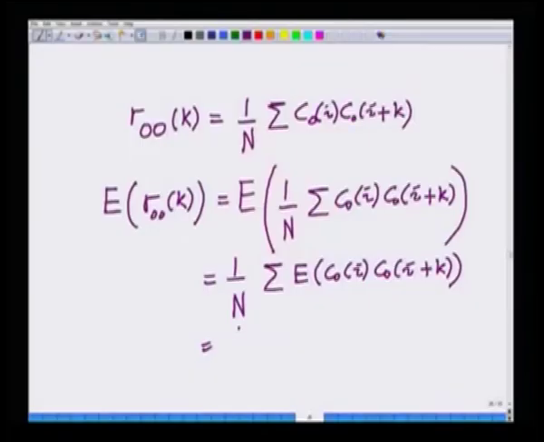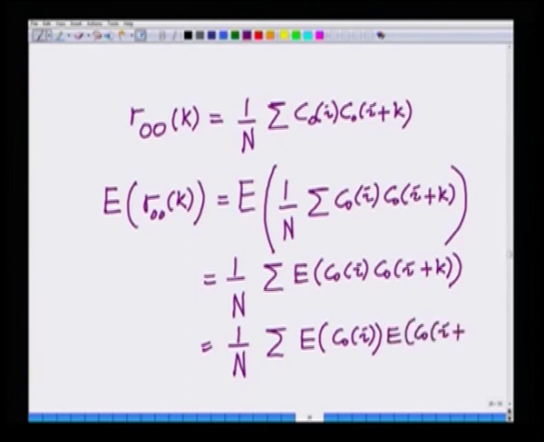Hence, I am going to simply write this as 1 over n, summation of expected C_0[i] times expected C_0[i+k], which is equal to 1 over n.